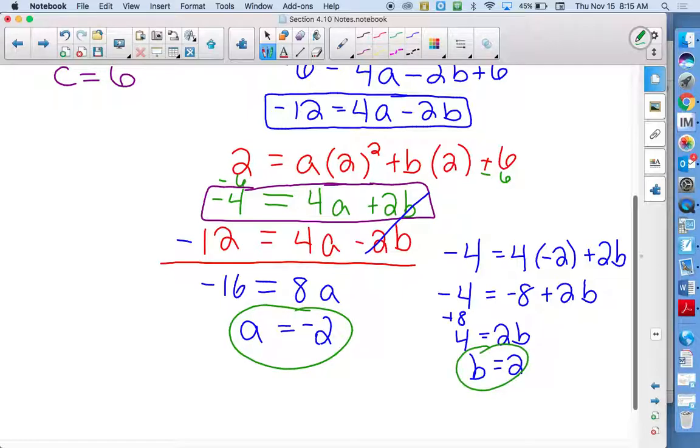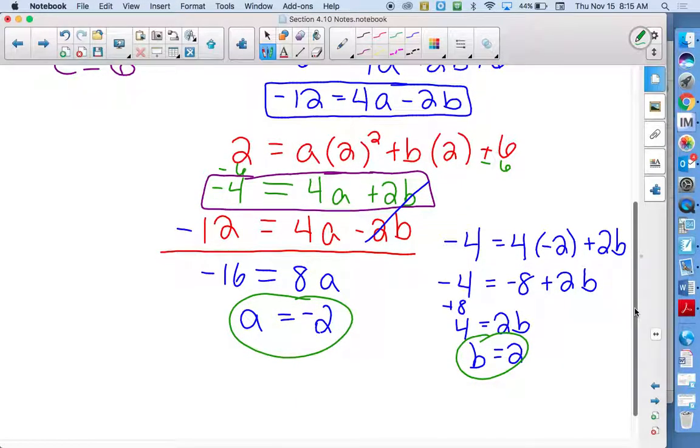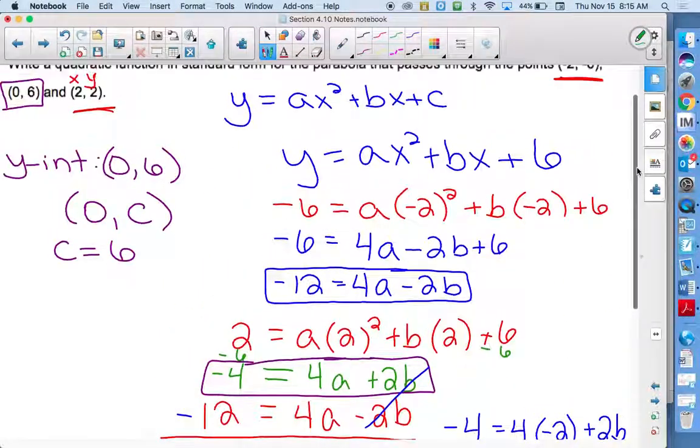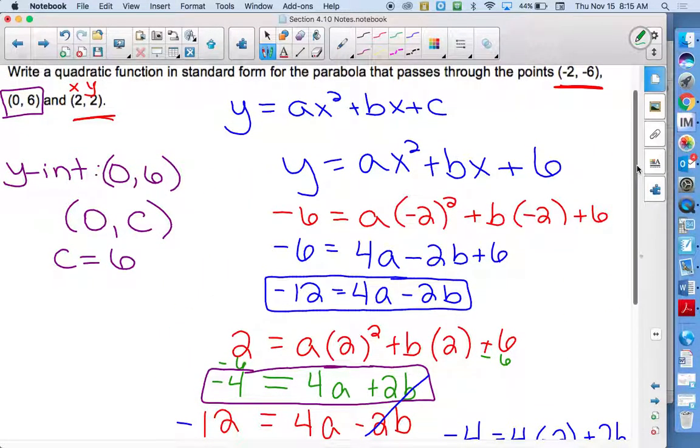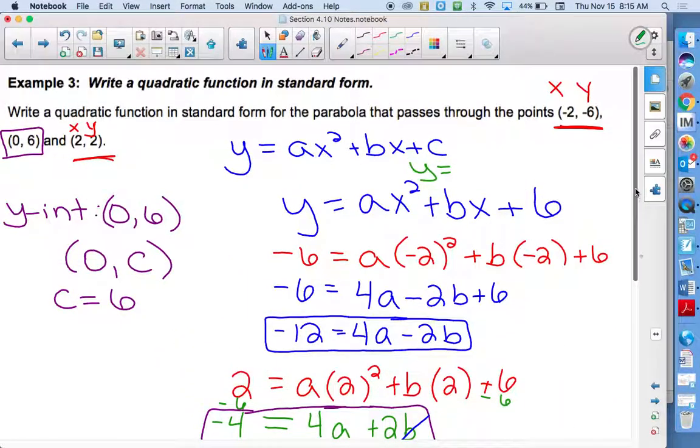So this one is way more involved than the other two that we looked at. So we have a negative 2 and a positive 2, going back up to the top of my screen here. Our goal was to figure out an equation in standard form. So we found 6. Holly told us 6 was the y-intercept, so we didn't do any work to get that. And now we have a being a negative 2 and b being a positive 2.